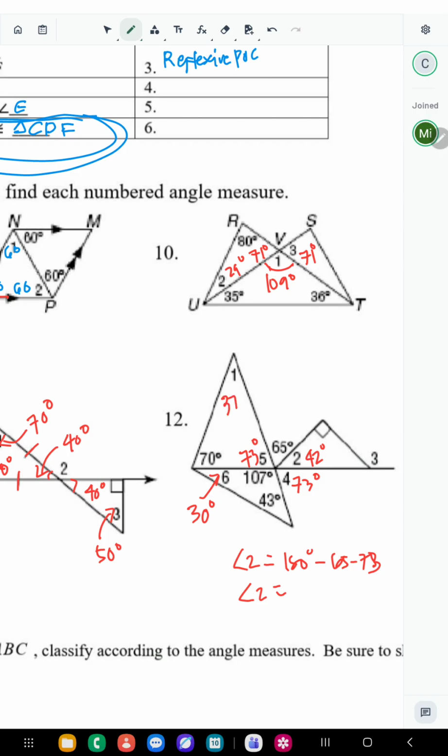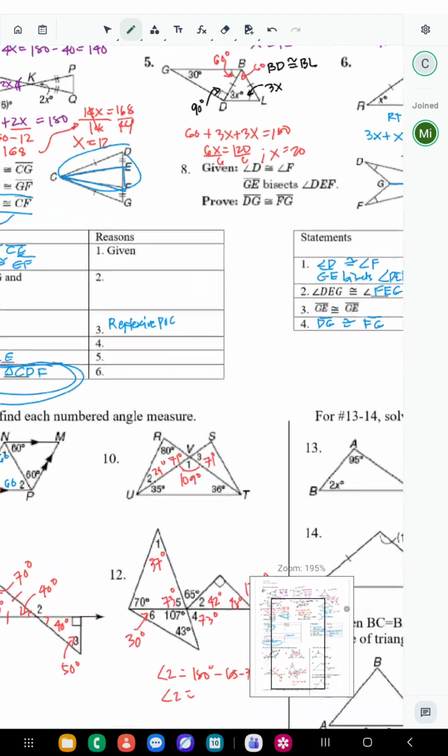So this is 37 degrees. Then angle 3 is 180 minus 90 minus 42. This is 48 degrees. So angle 3 is 180 minus 48. So this is 132 degrees. You got that? No problem.